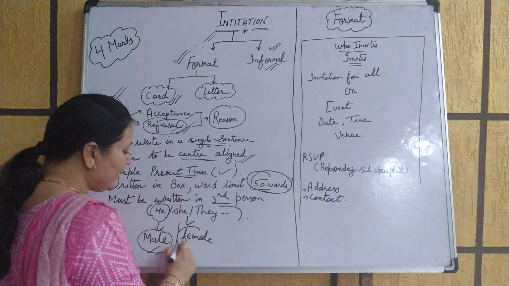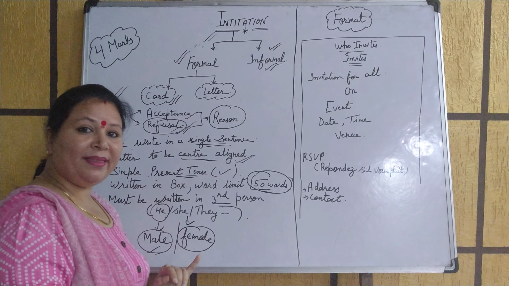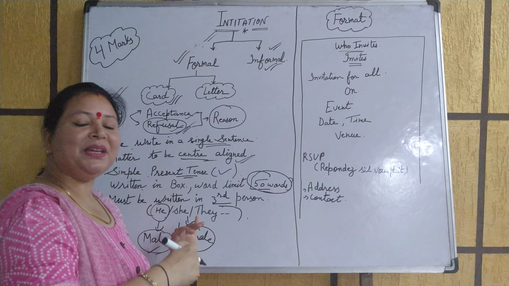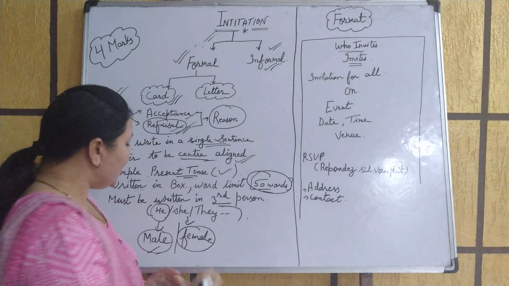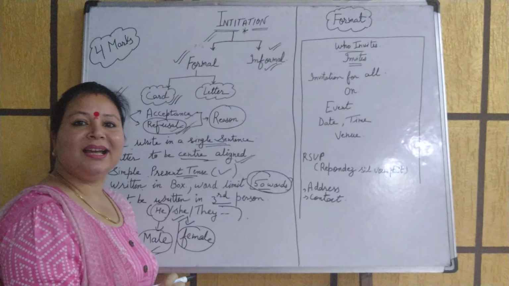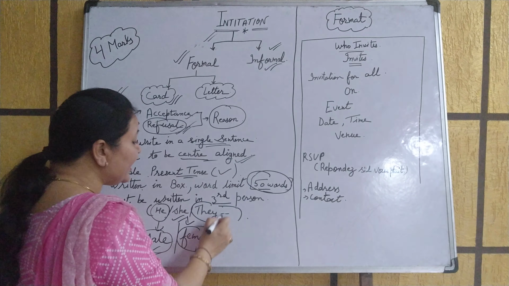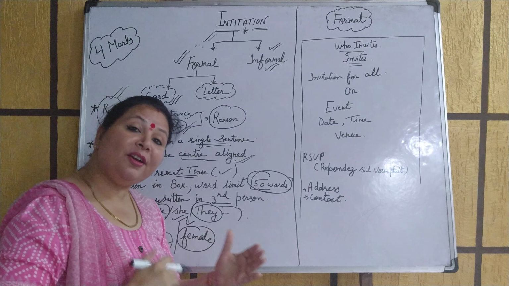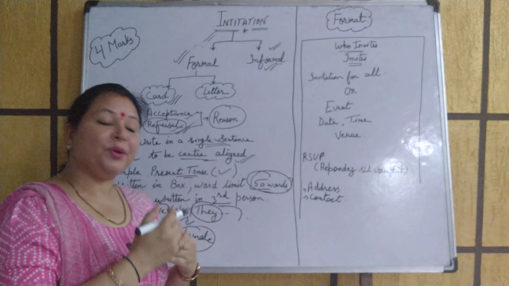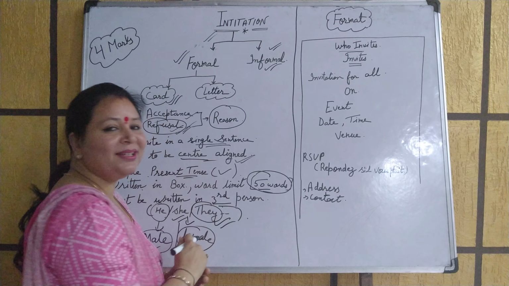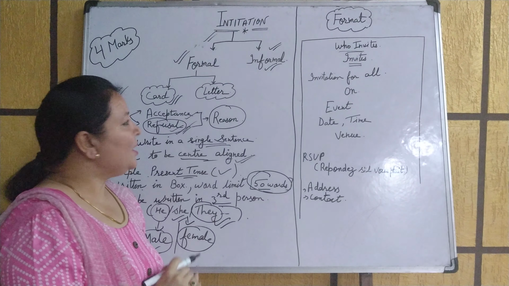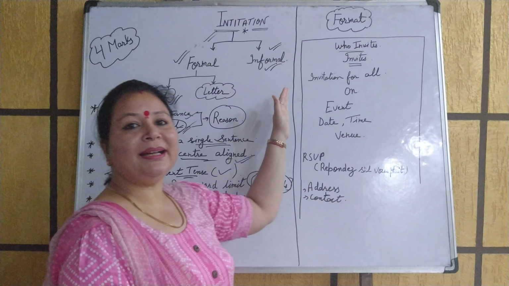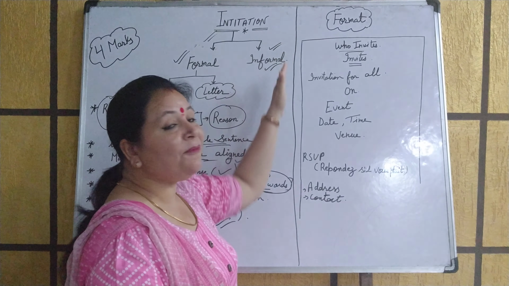And if he asks his wife to go over there instead of him, she is going to be part of that function. So over here, you are going to use she. And if both husband and wife, that means Mr. and Mrs. Sinha, both want to be part of that function, then in that case you are going to use they. Okay, beta?